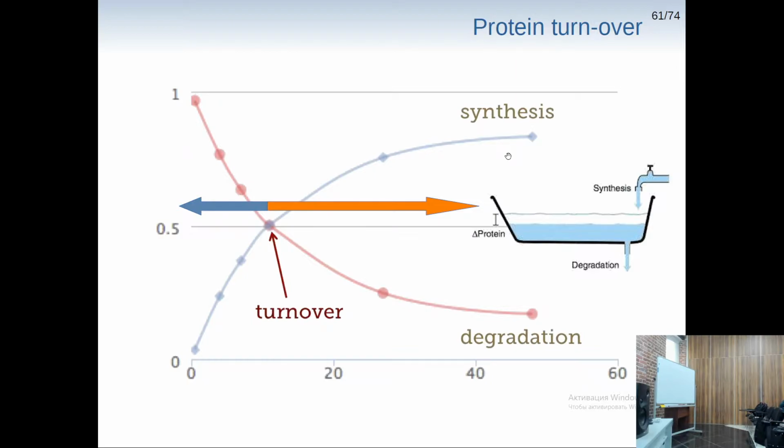For instance, if we have cells from, let's say, vertebrate animals, how can we make this cell incorporate this heavy nitrogen inside newly synthesized proteins?